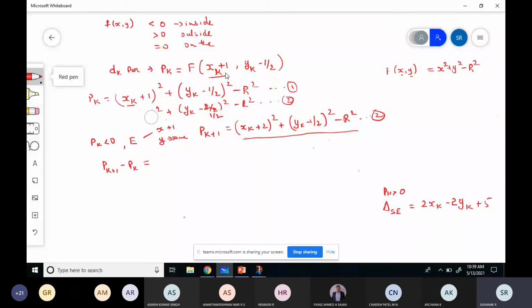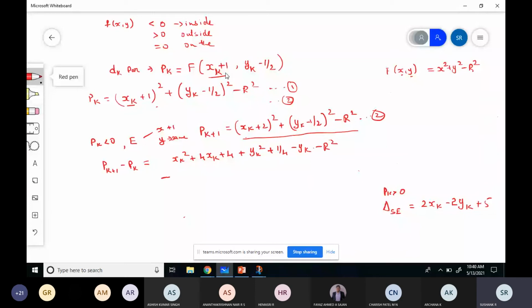So now for this I have to do the calculation again. If you expand the term, xk square plus 4xk plus 2 square is 4, plus yk square plus 1 by 4 minus yk minus r square.